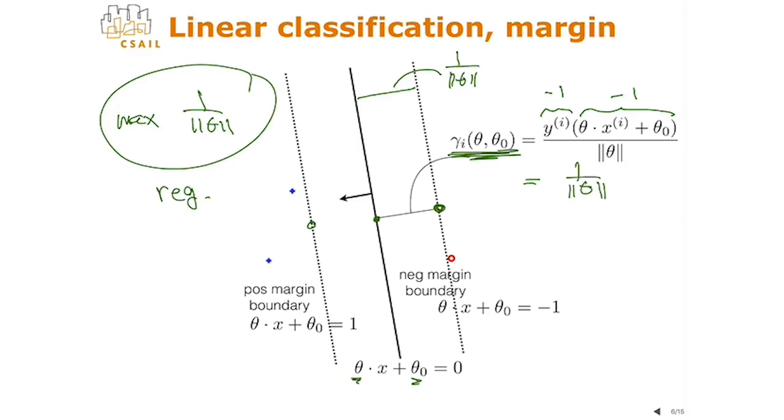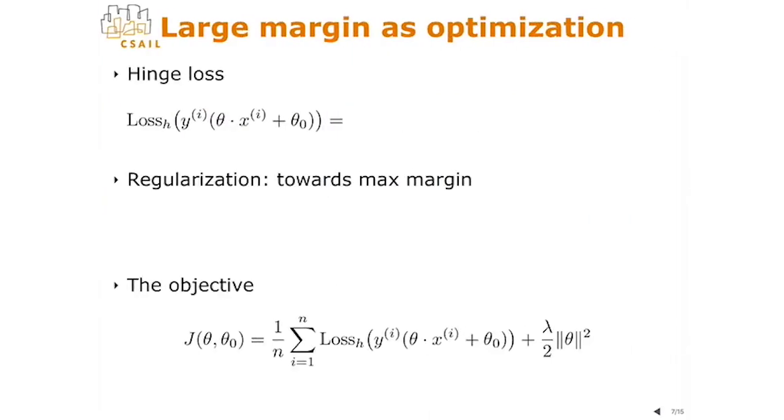Okay. Now we can proceed to define the objective function itself for finding large margin decision boundaries. It has two components, as we've already seen. It has a loss and it has a regularization. We have talked about both. So let's quantify now what that loss actually is.